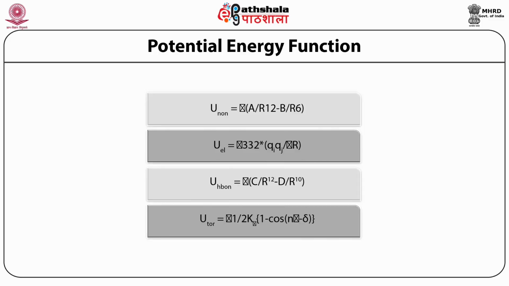The torsional term is a 4-atom term rather. It depends on the torsional angle around the central two atoms. It is described by a constant which is a barrier to the rotation, k phi, multiplied by 1 minus cos n times phi minus delta, where n is the foldedness of the potential and delta is the phase factor.